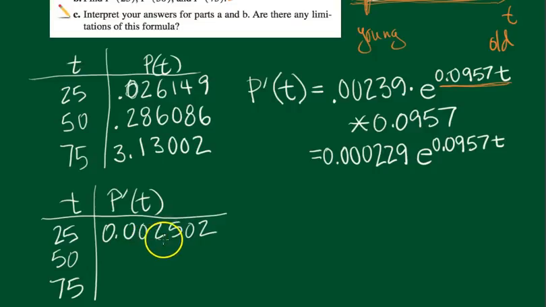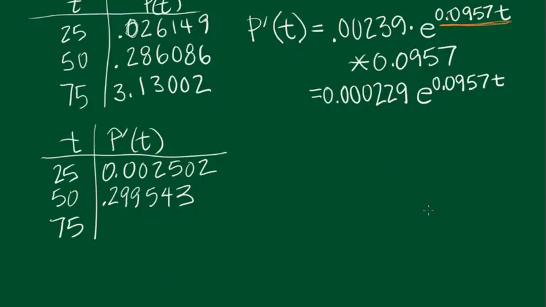Okay, so growing very slowly for 25-year-olds, but growing at a rate that we could probably see with the naked eye for 50-year-olds. Okay, and get a load of how it comes out for 75-year-olds.